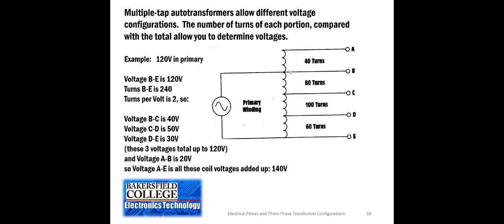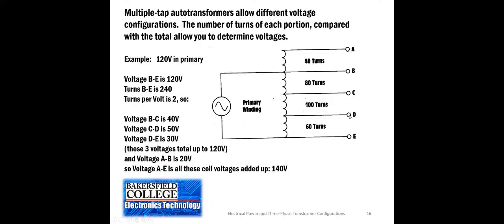This 120 volts will divide in proportion to the number of turns. Across the 80 turns, we divide 80 by 2 because there are 2 turns for every volt, and that means I have 40 volts between B and C. Between C and D, if I take 100 divided by 2, that's 50 volts.